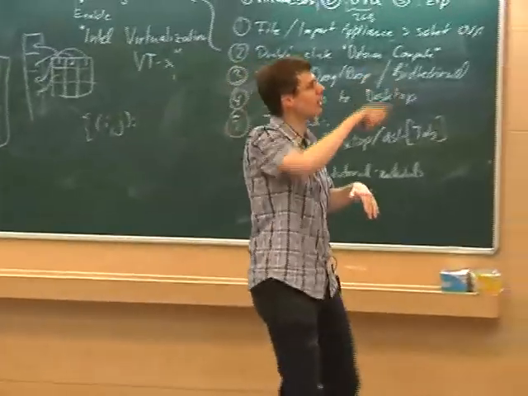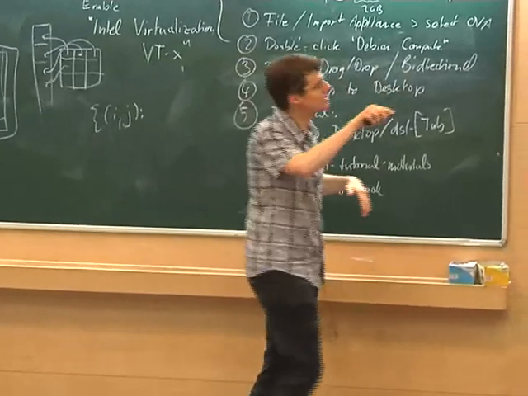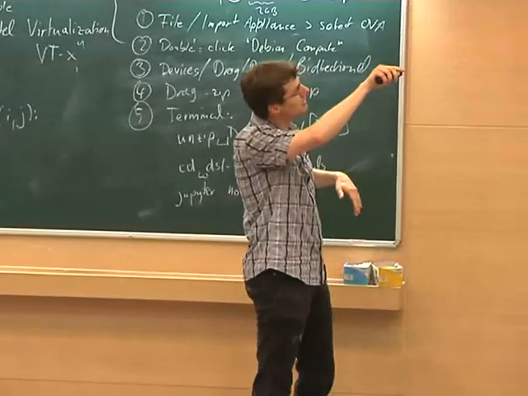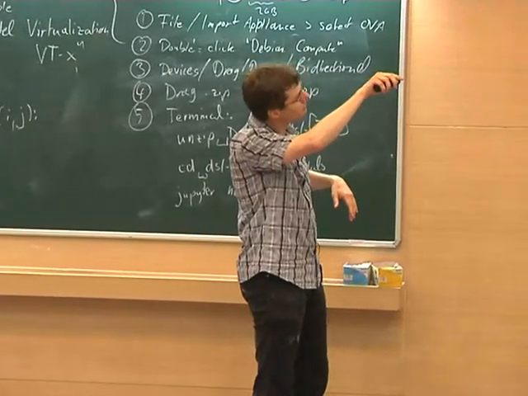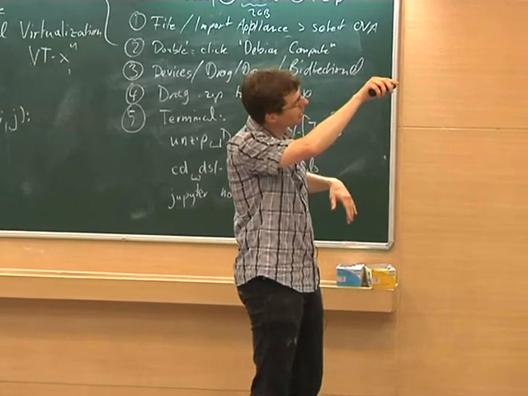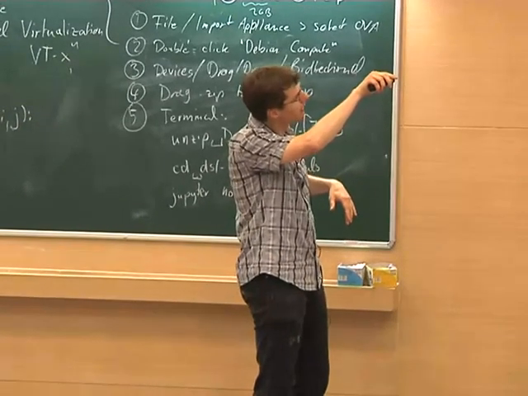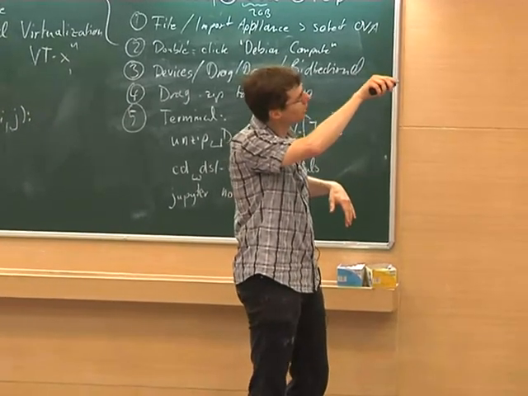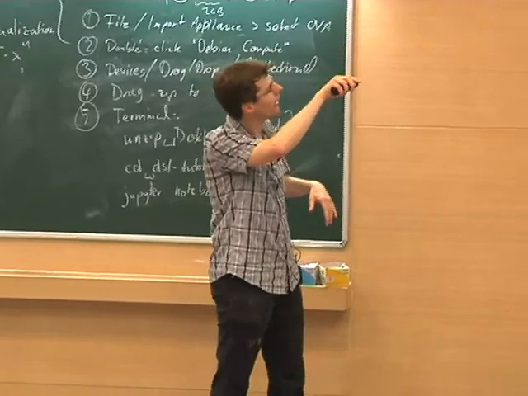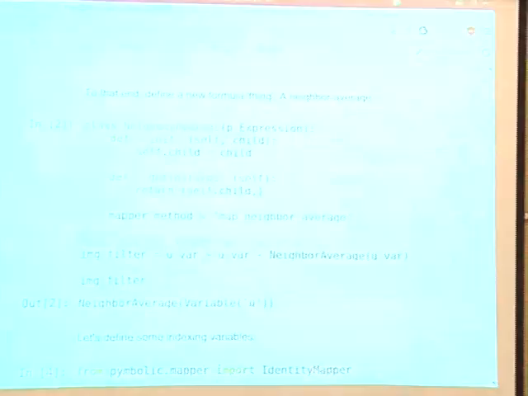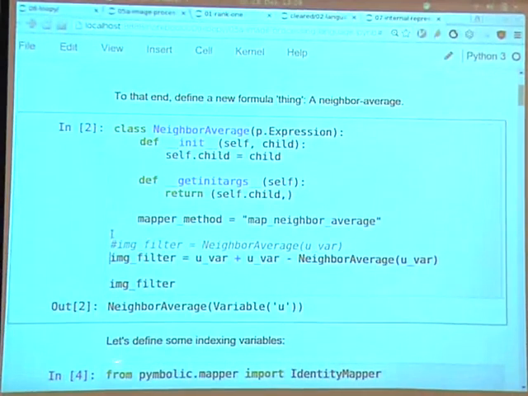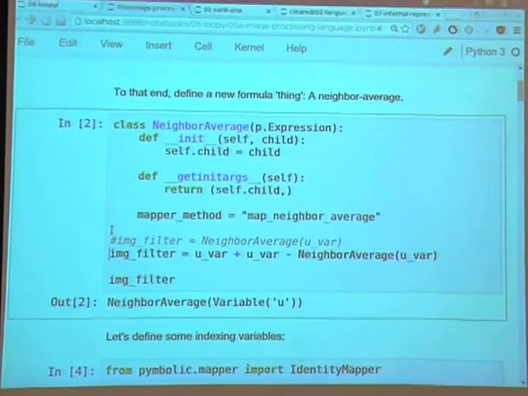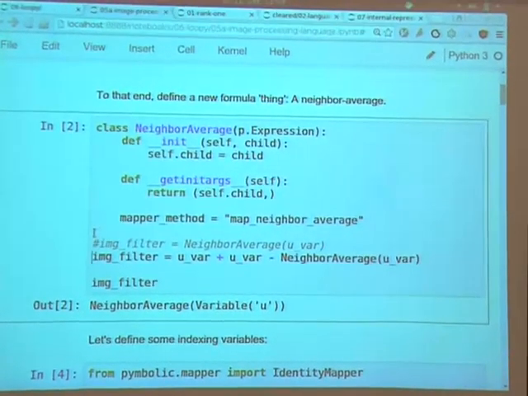In terms of our little image processing language, that's okay. Compute the difference that the blurring would have applied. So u var, the image value minus, hang on. Right, well, it made sense in my head when I wrote it.